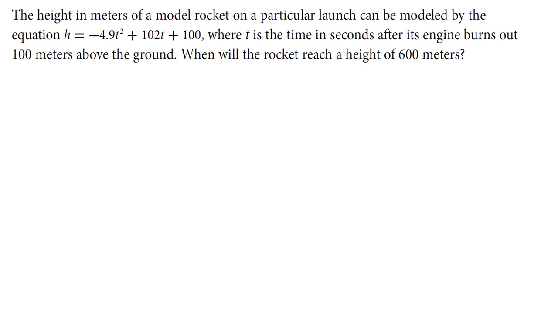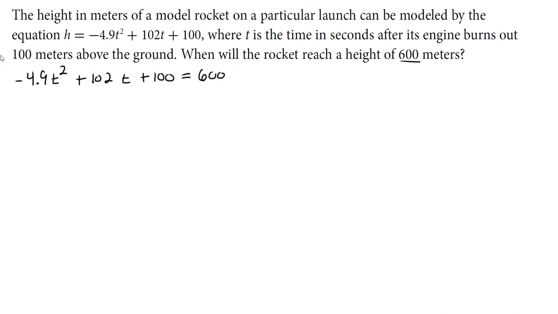So again, we're going to write this equation, except h is not going to be on the left. We're going to put h on the right, and h is going to be equal to 600. So that's going to look like this: negative 4.9 t squared plus 102t plus 100 equals 600.